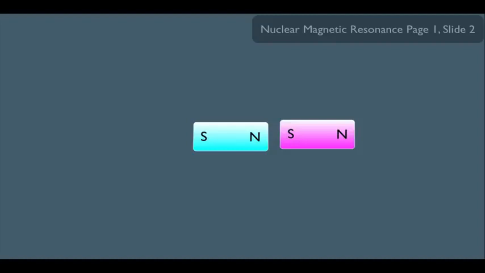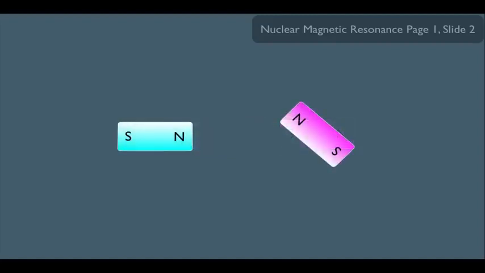But let's look at this through the eyes of physics. One way to conceptualize magnets is to think of them as being surrounded by magnetic fields, and these magnetic fields have directions and magnitudes. For instance, our blue magnet is generating a magnetic field this way.